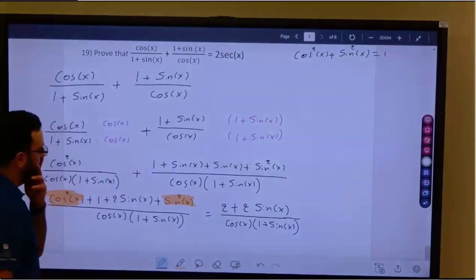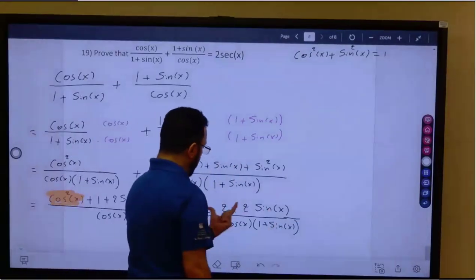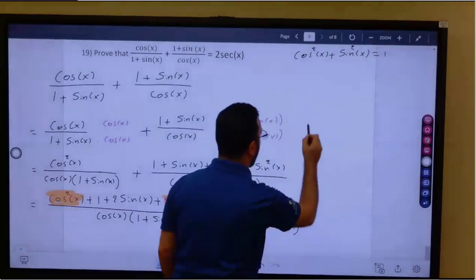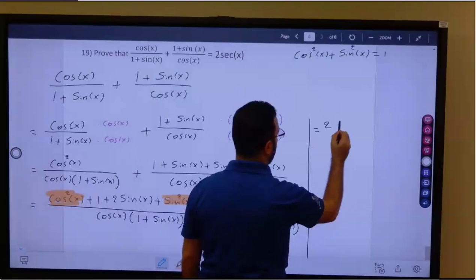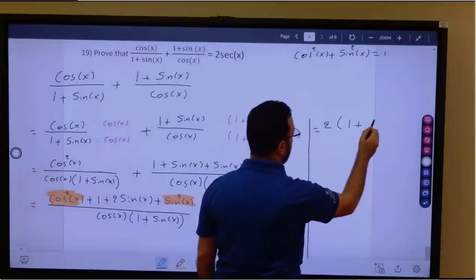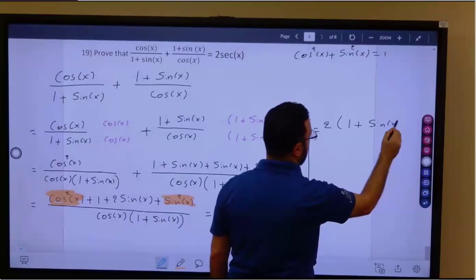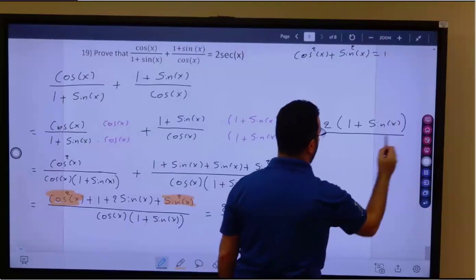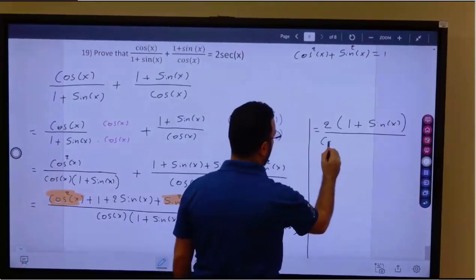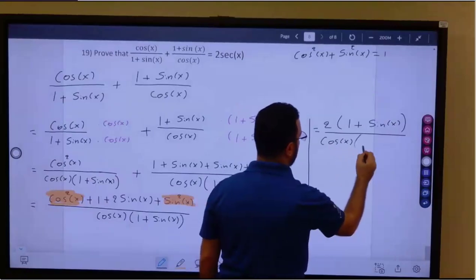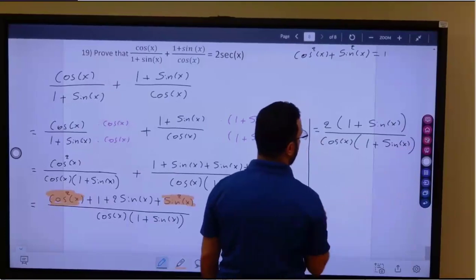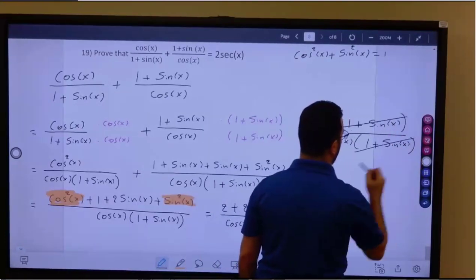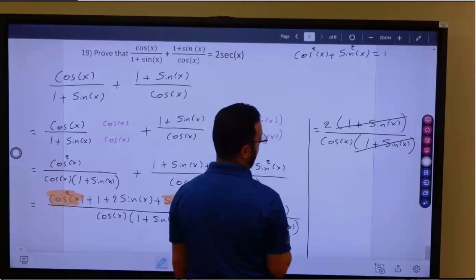Next step. If I factor out the 2 from the top, what's left is 1 plus sine x, divided by cosine x, 1 plus sine x. Now cancel this one with this one, because there's multiplication here, so I can cancel it.